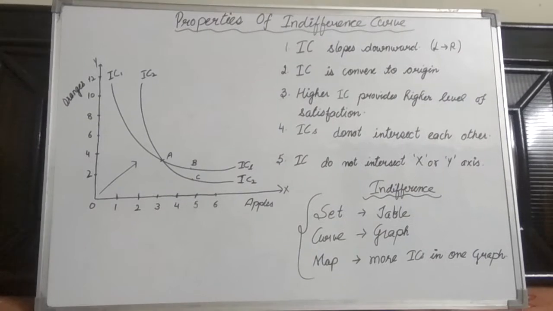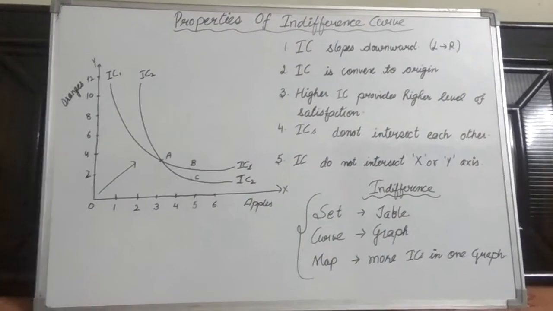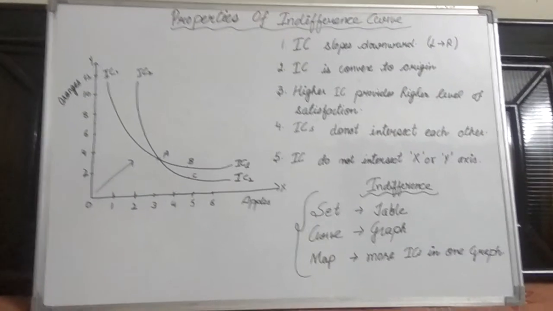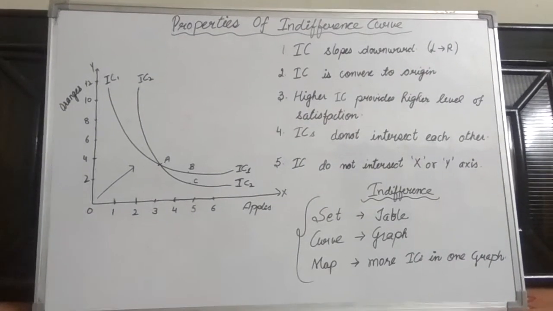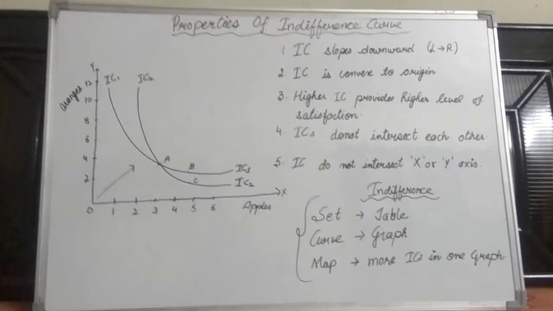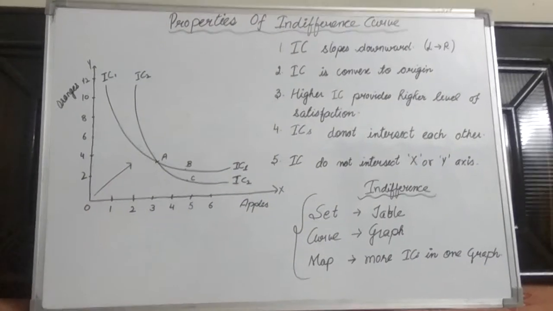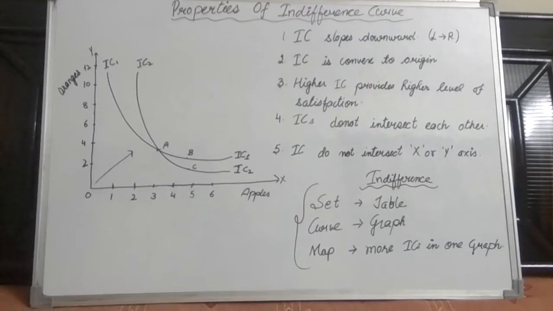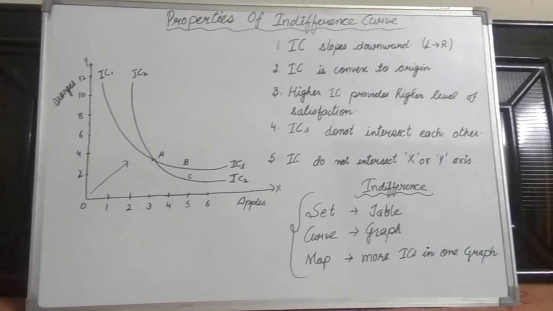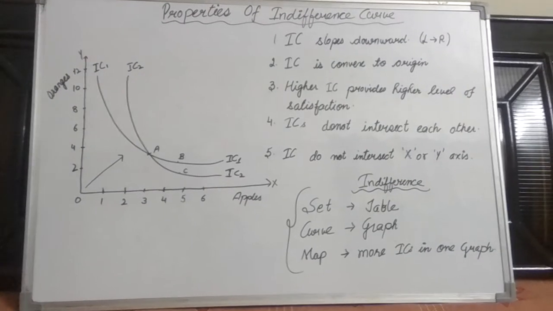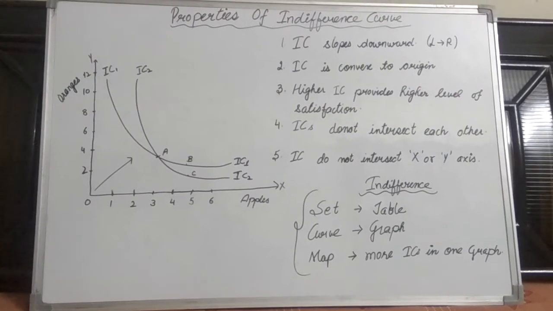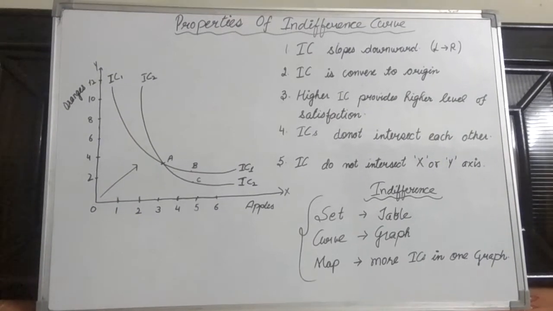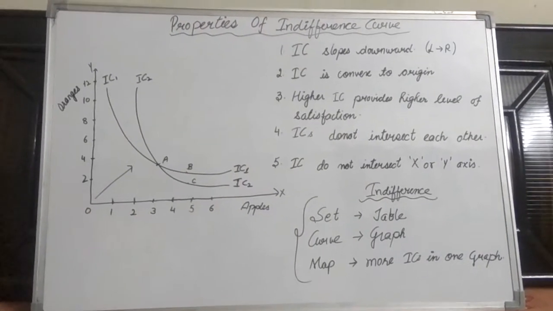But if they intersect at a point, the interchanging of the levels will create confusion among consumers. So it is not possible for ICs to intersect each other, and for convenience we assume that ICs are parallel to each other rather than intersecting.